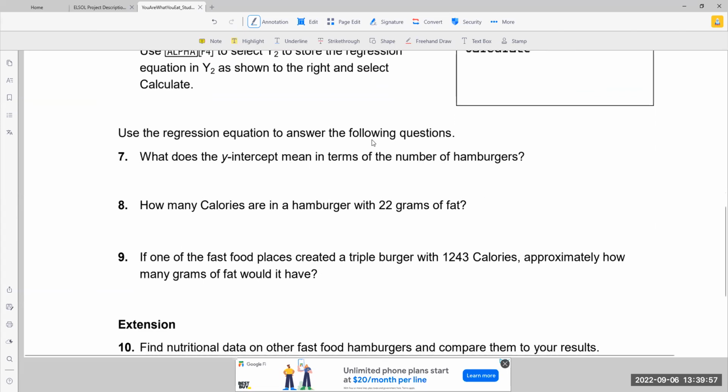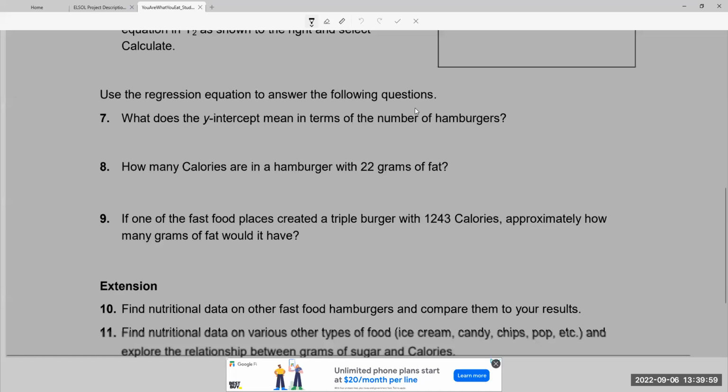Well, I was surprised when I read it today that it had to do with the number of hamburgers, because maybe a better question would have been, what does the y-intercept mean in terms of the number of calories? So we're going to adjust the question and ask this about calories, not hamburgers.